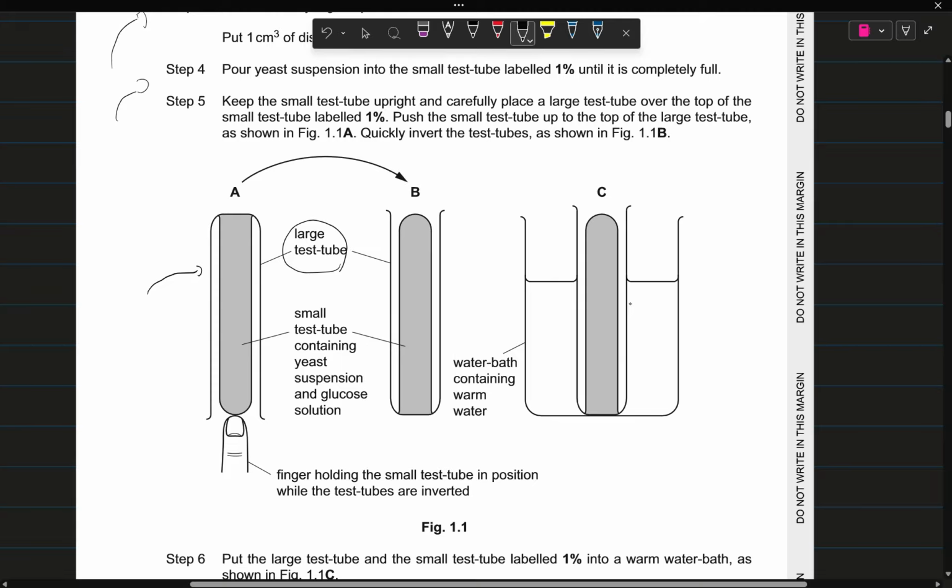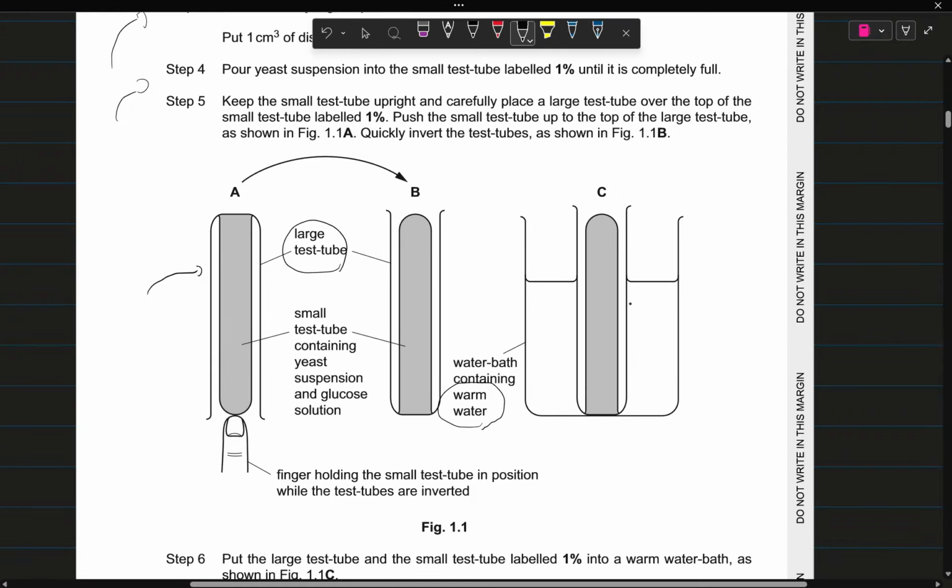Now after we have this shape, with the smaller test tube being inverted, what we'll be doing is inserting this setup into a water bath. This water bath will contain warm water.